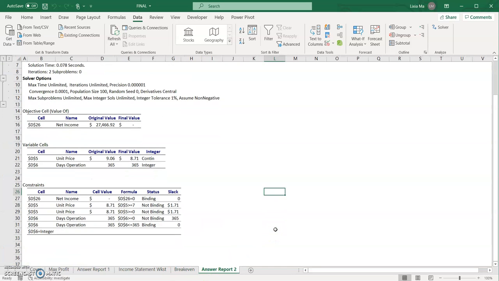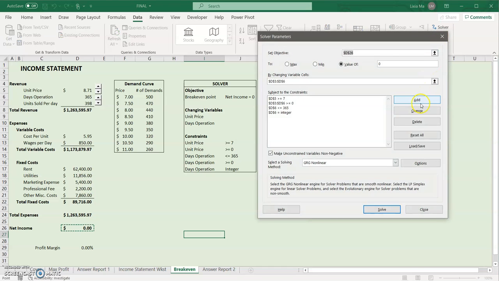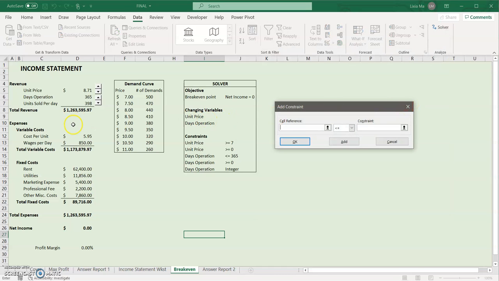It's telling us that the days of operation is 365 and the final value should be 8.71, which means if they sell at $8.71, the total net income should be 0. We could also change it, click Solver, and add another constraint.